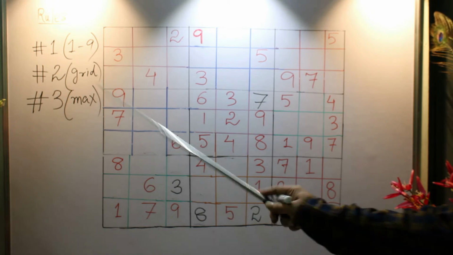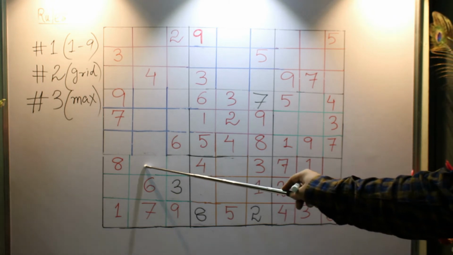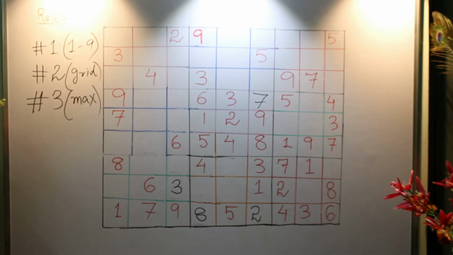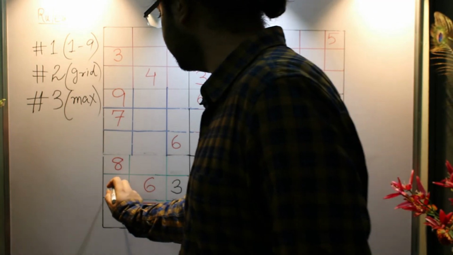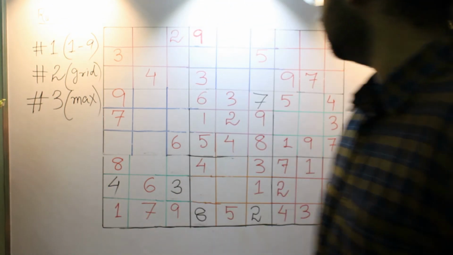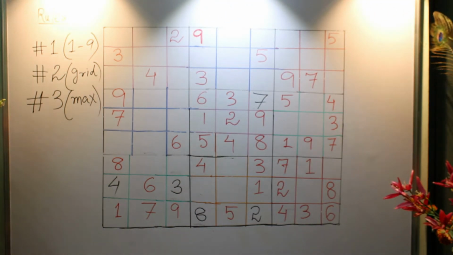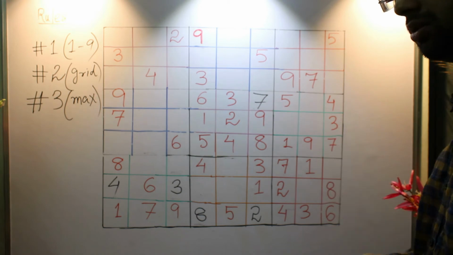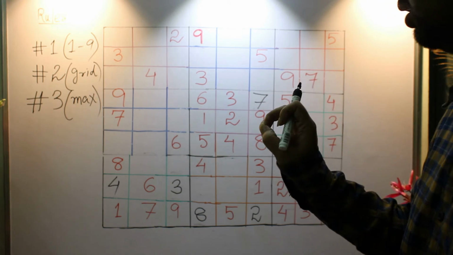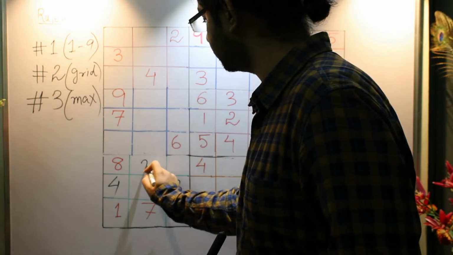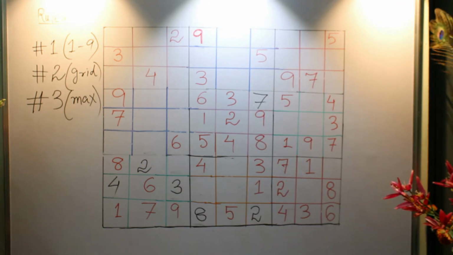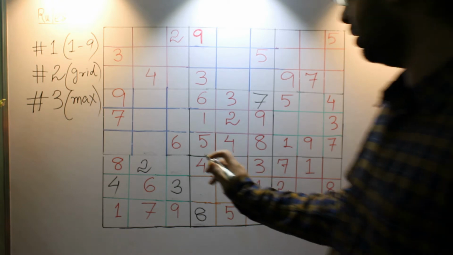For example, 4. You cannot place 4 here in these two boxes because of this 4. Now the only place where you can place 4 is this. Now with 2, you cannot place 2 here because of this 2. So the place where you can fill 2 is this. Now the only number which is left for this grid is 5.